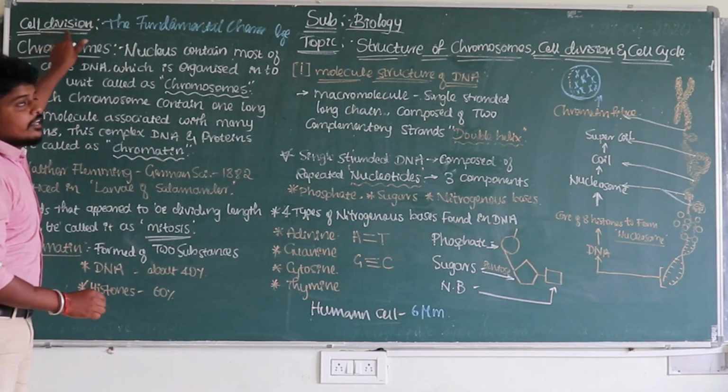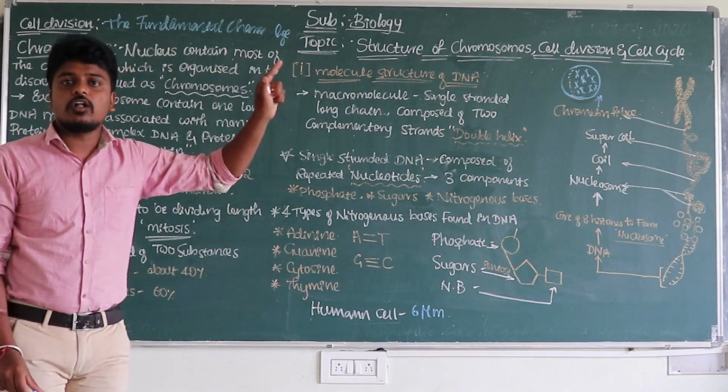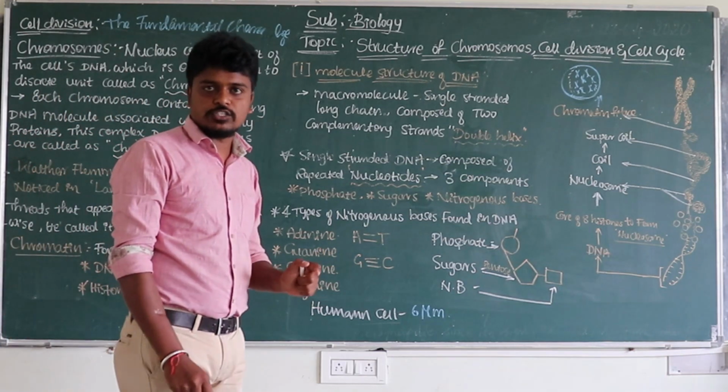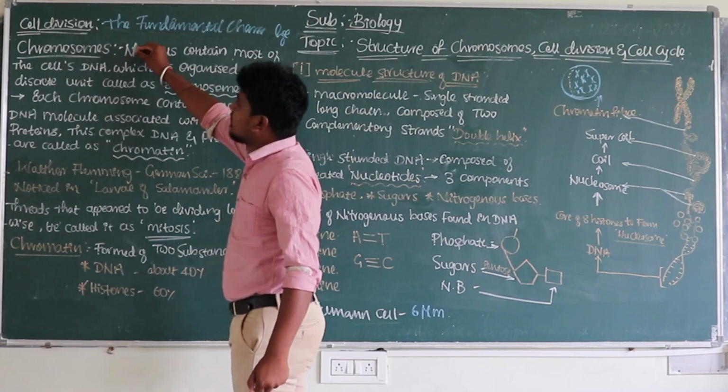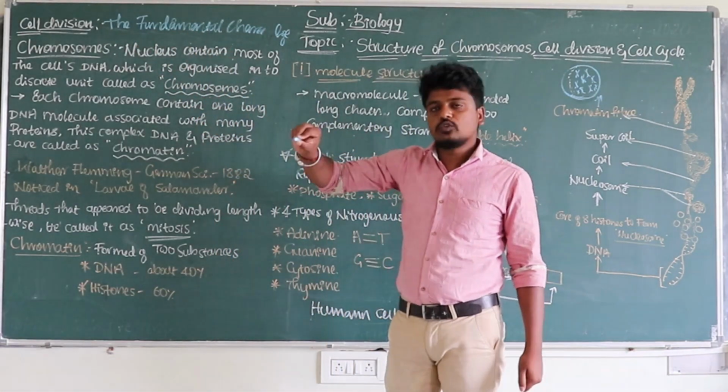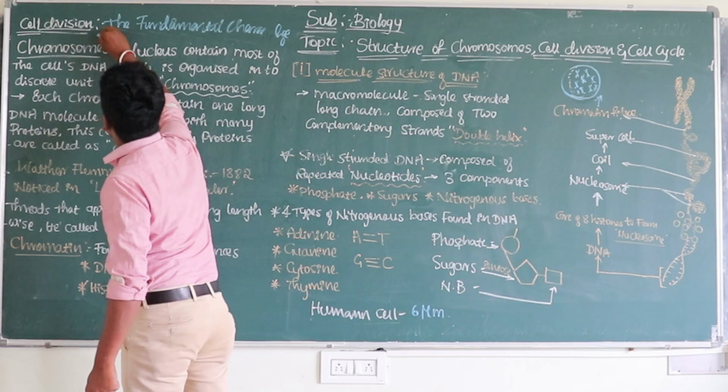That is the reason why cell division is very important for all living organisms. Have you understood? Yes. Of course, there are some important points about the structure and also the importance of cell division in all living organisms.